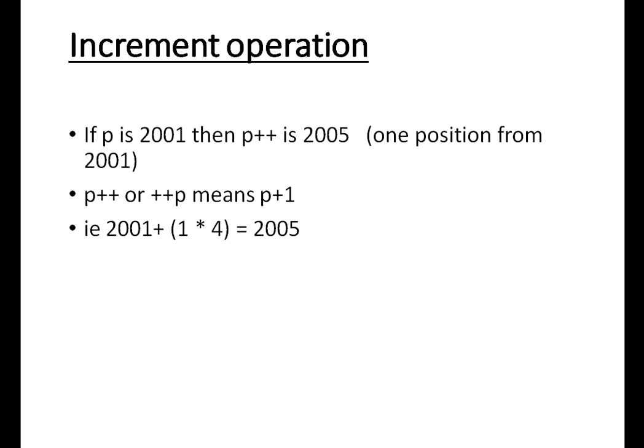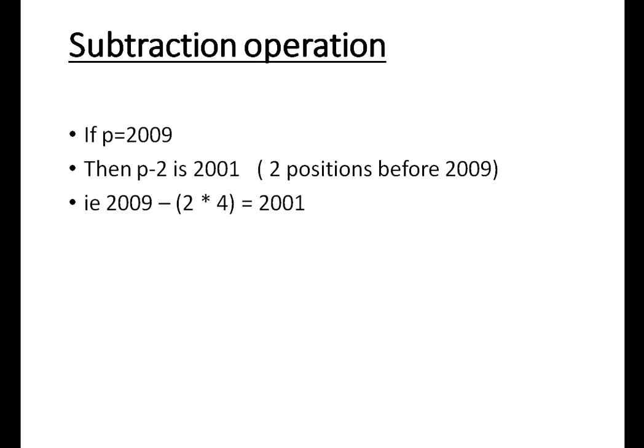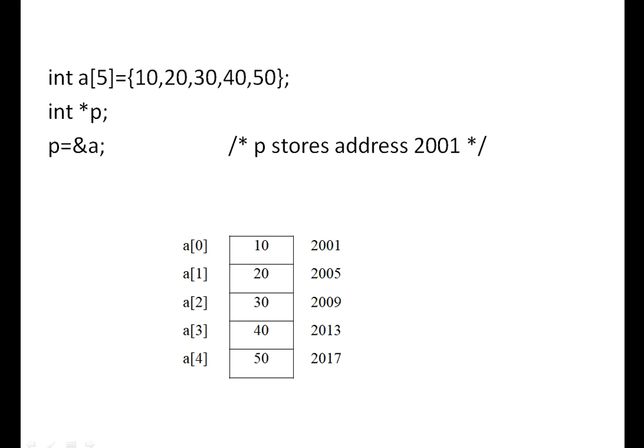What is the increment? Plus plus will take you to the next address. So either you can give p plus 1 or p plus plus, both are the same. What is subtraction? Minus 2 will take you 2 positions before. If we are at 2009, if this is p, what is p minus 2?